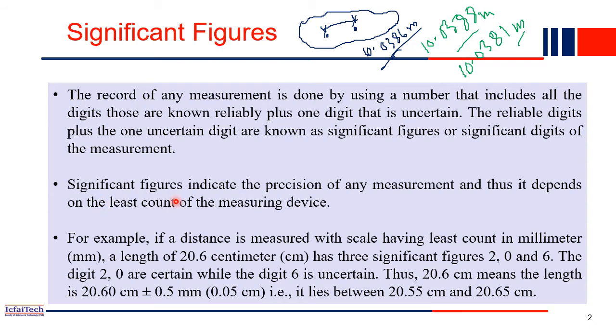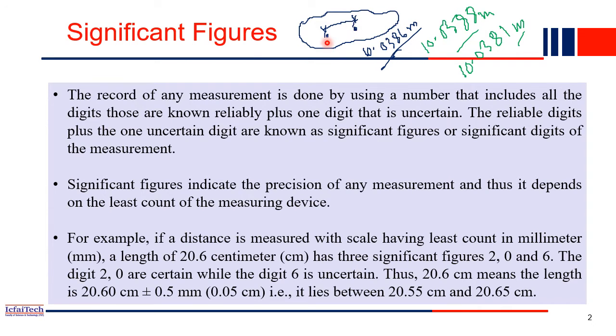Now, the significant figures indicate the precision of any measurement. Thus, it depends on the least count of the measuring device. The last digit is what we call precision. If you are using a tape with a millimeter scale, the accuracy will be very high, because you can capture the millimeter point as well.